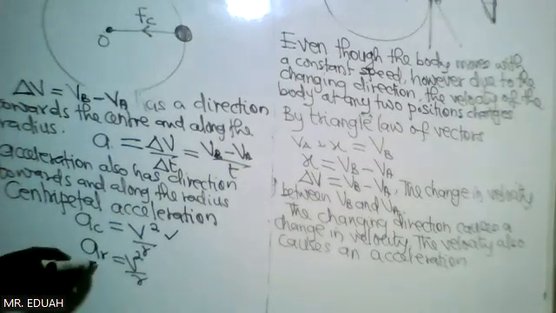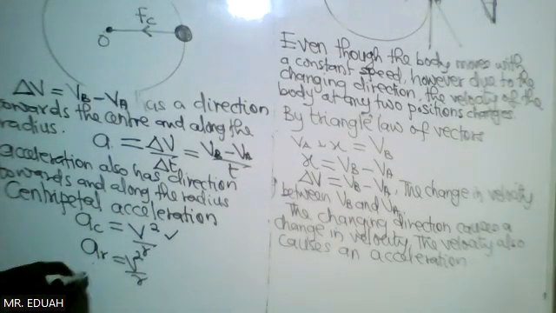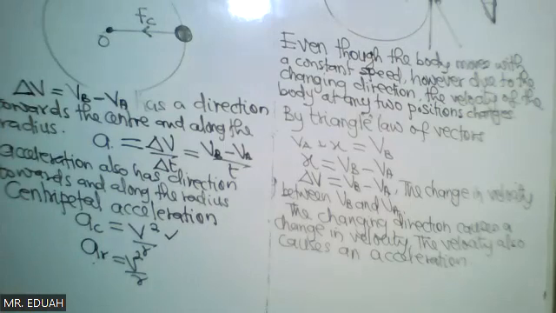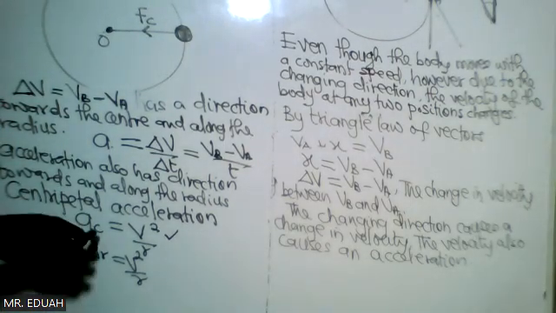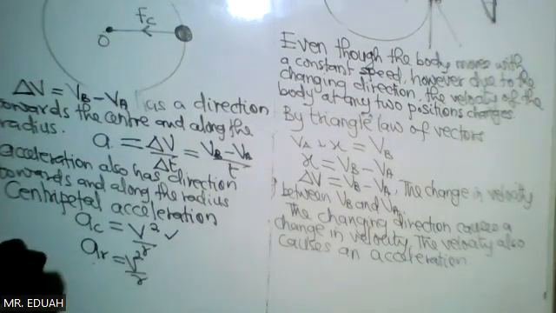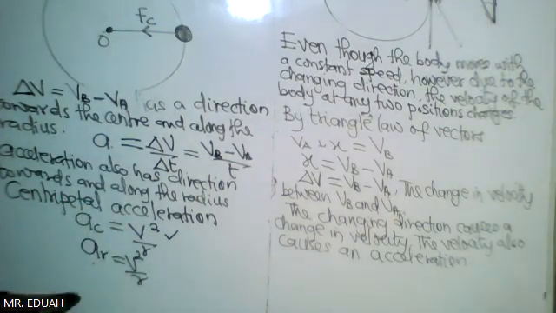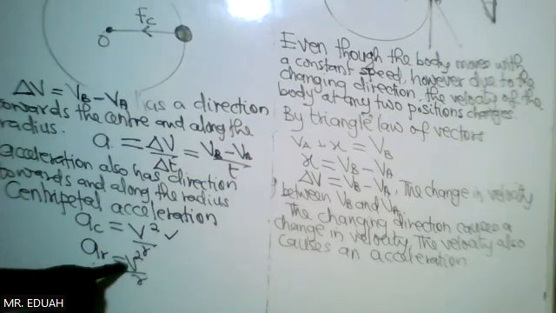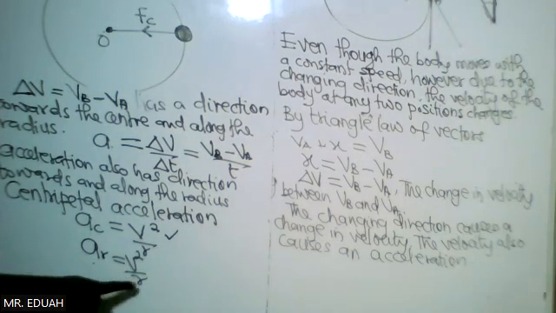We can also call it radial acceleration because it's directed towards the center. Centripetal acceleration, and its formula is the square of the uniform speed V over the radius of the circle R.